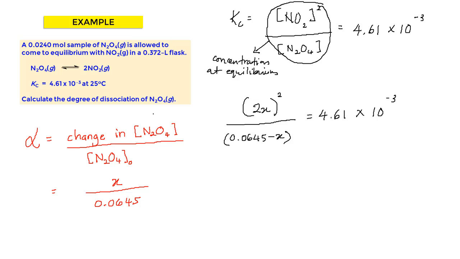Okay. So, bila you selesaikan ini, you akan dapati secara matematik, gunakan pengetahuan matematik, you akan dapat 4x squared plus 0.00461x minus 0.000297, which is equals to 0.